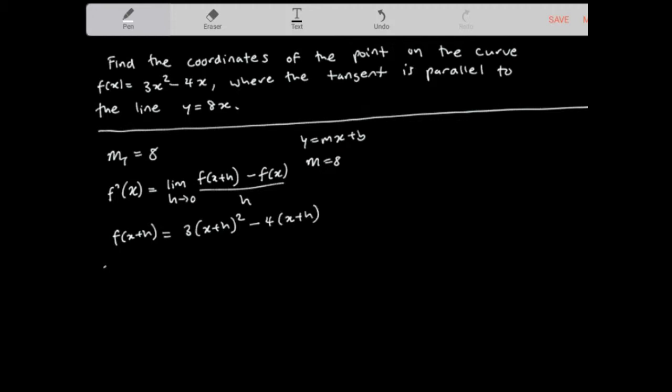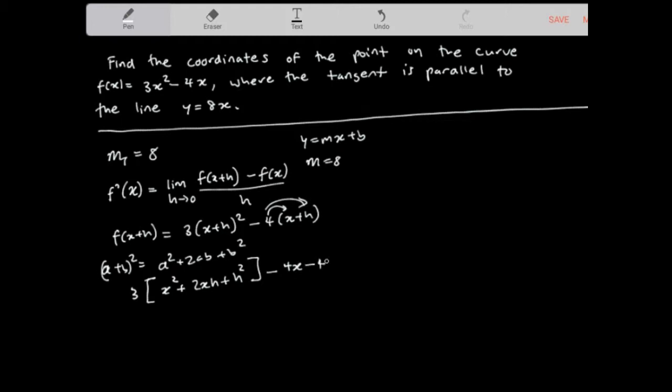Right, I'm going to use the a plus b squared template, which is going to be a squared plus 2ab plus b squared. So this expanded version here is going to look like 3 times x squared plus 2xh plus h squared, minus, if I use distributive property, I get minus 4x minus 4h, right?